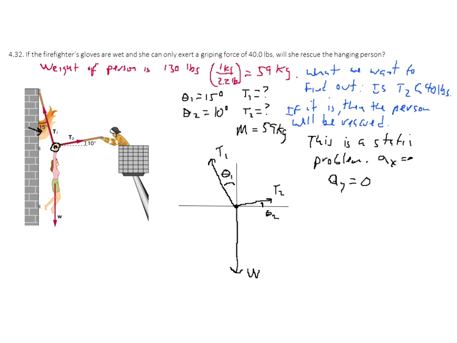So what we've got here, we've got two tensions that we don't know. Luckily, we have two dimensions. We've got the y dimension and we've got the x dimension.